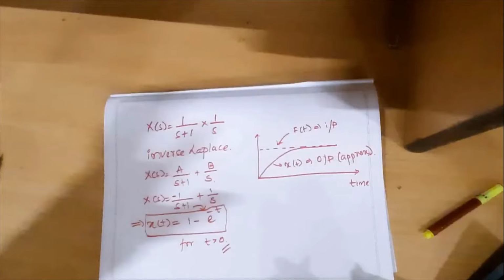Next I will start with one question to ignite your thinking. Here I have applied the Laplace transform to solve the differential equation of a spring and damper with m equal to 0.